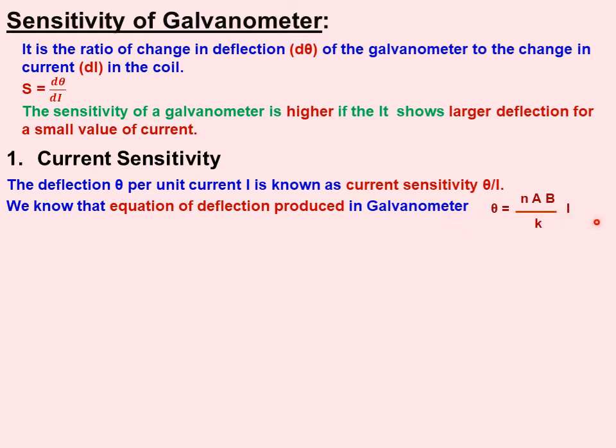So by using this relation we can find the expression for current sensitivity, theta by I. Simply we have to divide this equation by I. So the expression for current sensitivity will be theta upon I is equal to NAB upon K. Okay, so hope it is very clear to you.